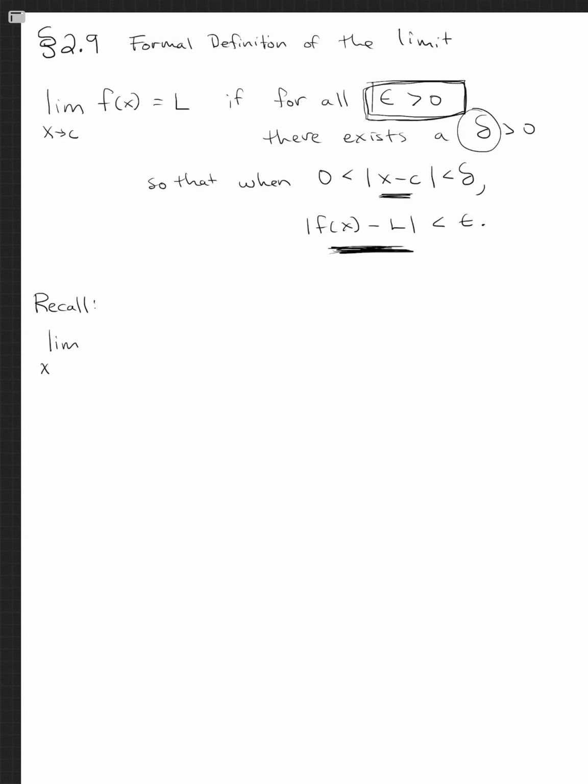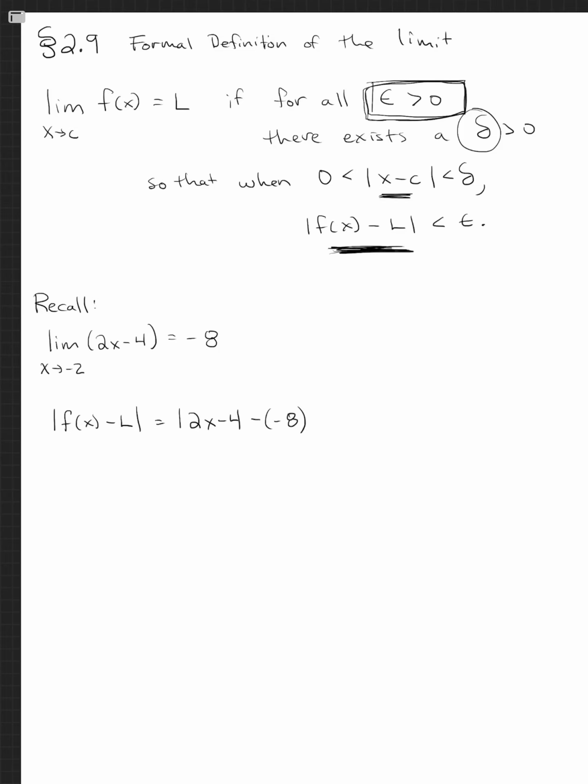So, we're going to hop into doing some problems about this. If we recall, when we used the semi-formal definition, we said that we wanted to prove that the limit as x goes to negative 2 of 2x minus 4 was equal to negative 8.